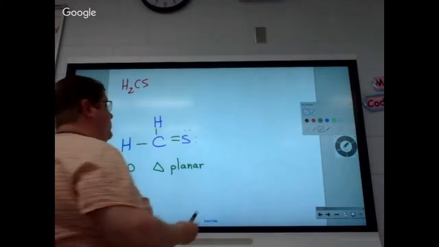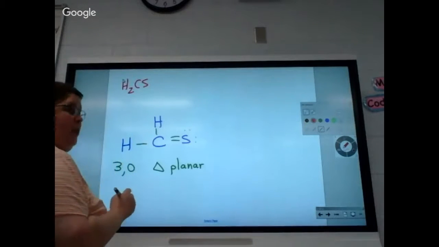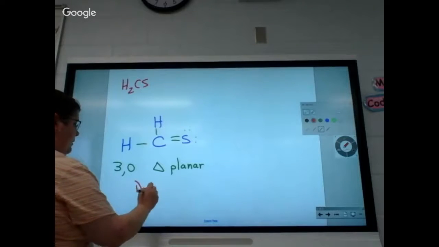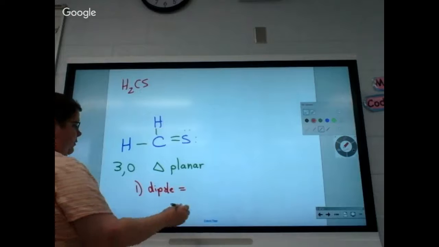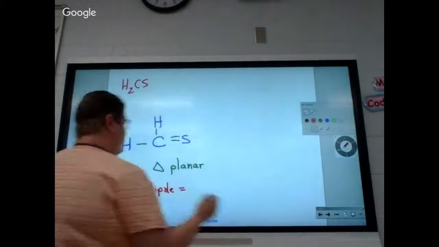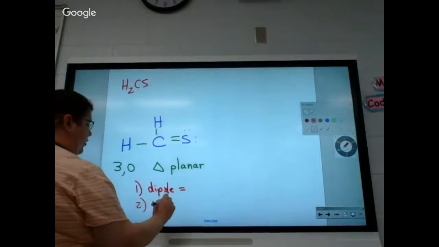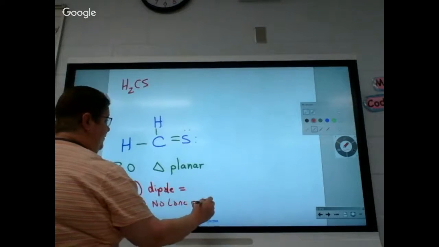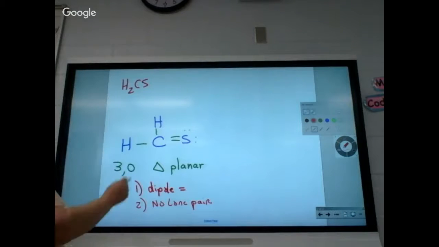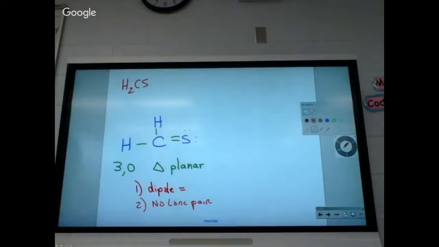Now, the geometry is triangular planar. Is it polar or non-polar? You have to decide if the dipoles are equal, and then you have to decide, are there no lone pairs? Now, to decide if the dipoles are equal, are all 3 bonds between the same 2 elements?